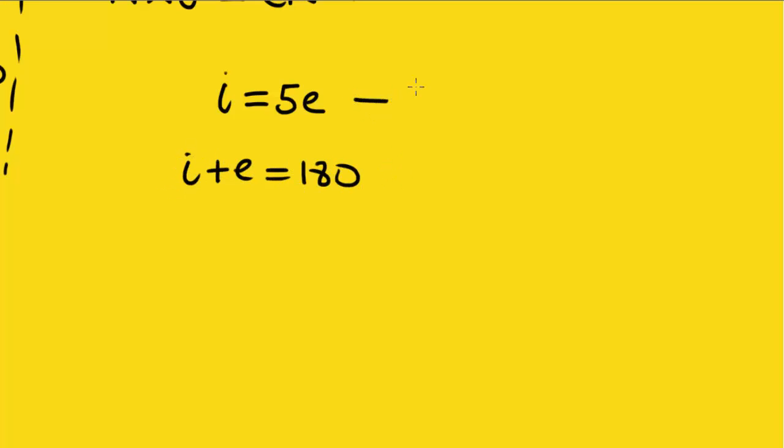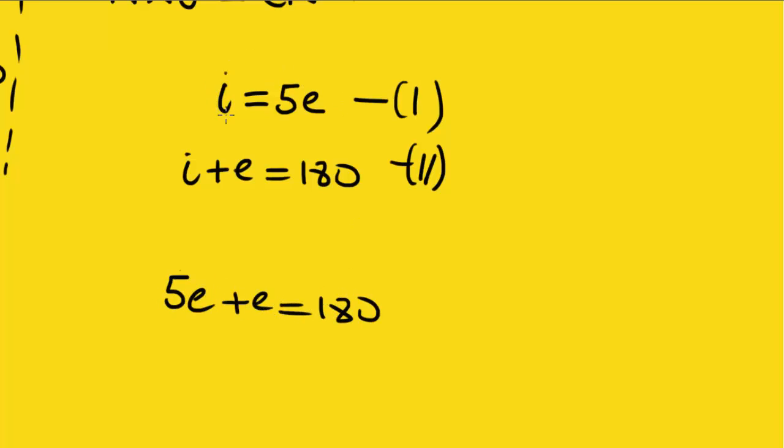So if you substitute equation 1 into equation 2, we can replace I with 5e in equation 2 and have this. From equation 1, we know that I is 5e. So I'm replacing I with 5e, and that's what I have here.